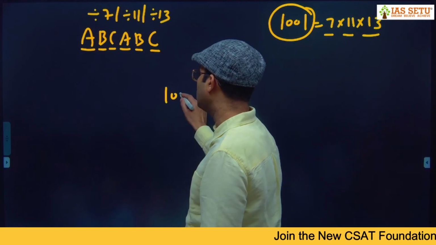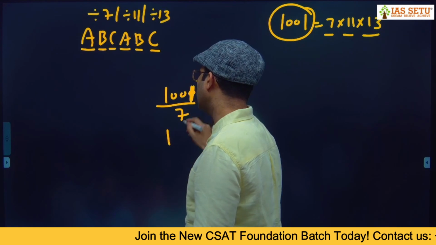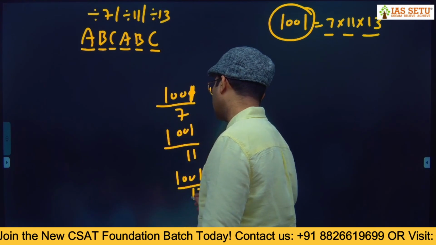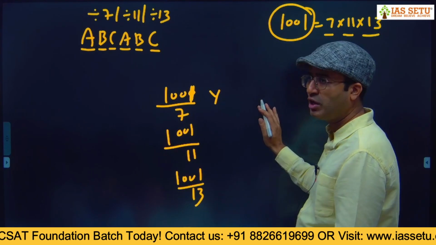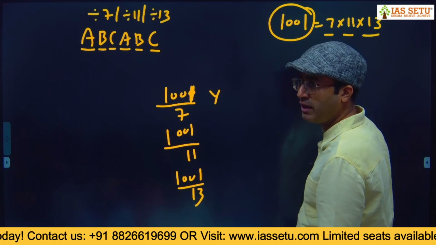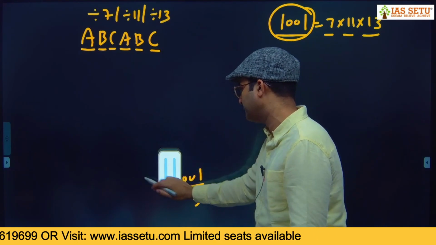So is 1001 divisible by 7? Yes. Divisible by 11? Yes. Divisible by 13? Yes. Or any multiple of 1001 is divisible by 7, 11, 13, because it is a multiple of 7, 11, 13.